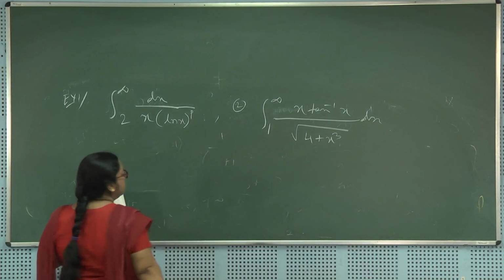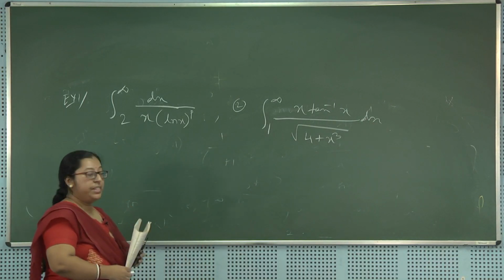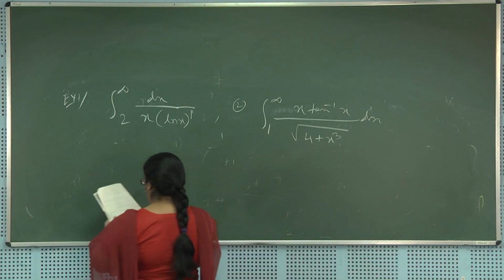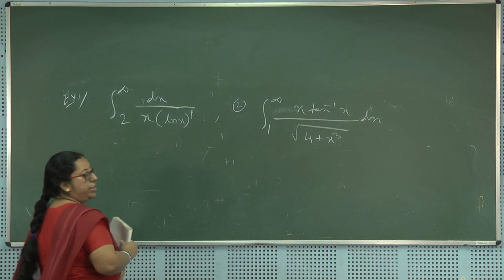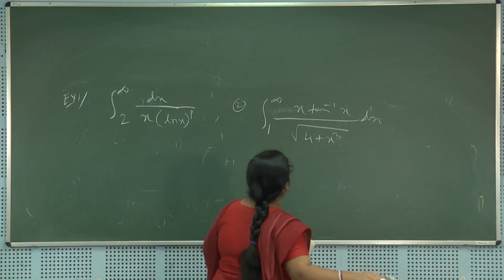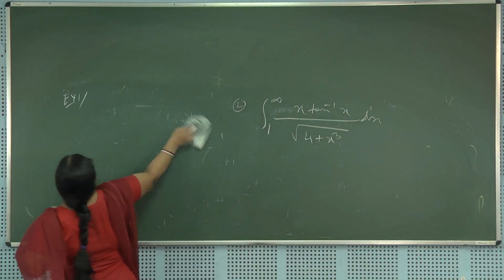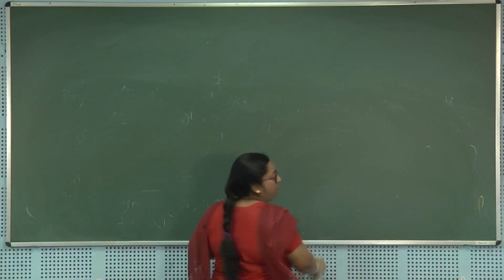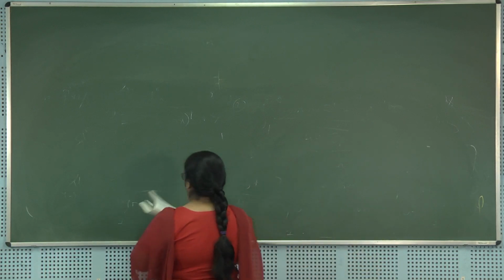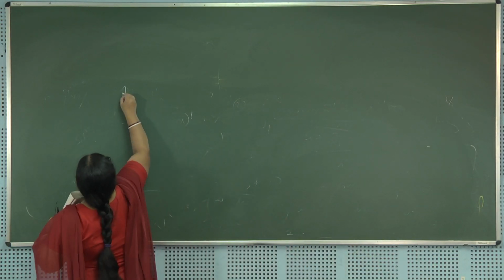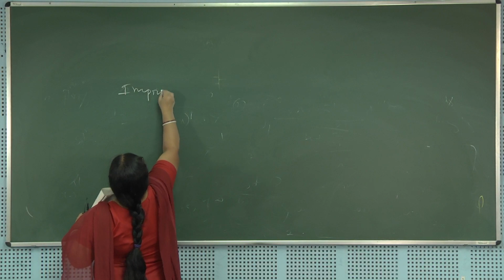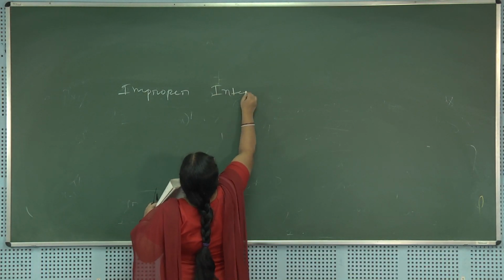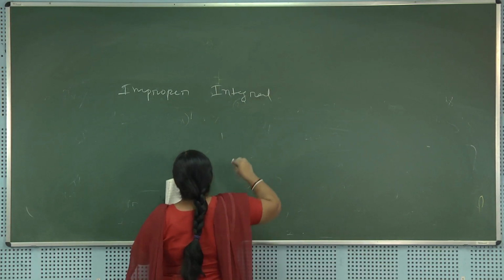So, you have to again do by substitution, or you can do by comparison test. Next, we will move to improper integral of second kind, how to deal with that. So, next topic will be improper integral of second kind.